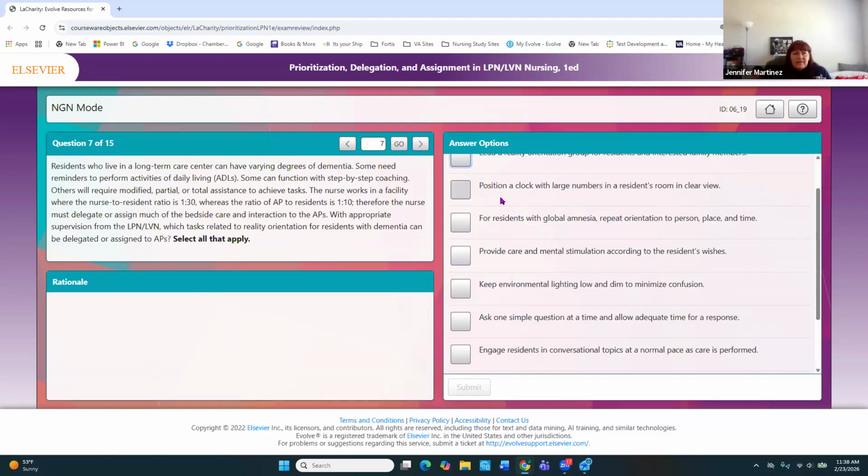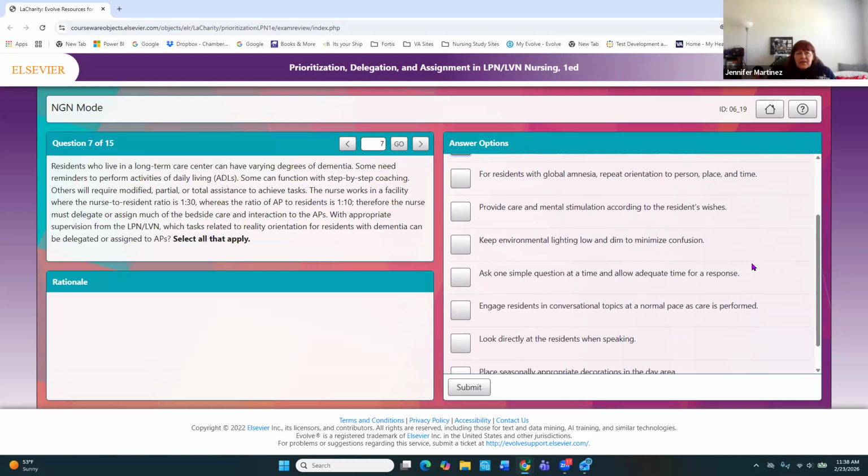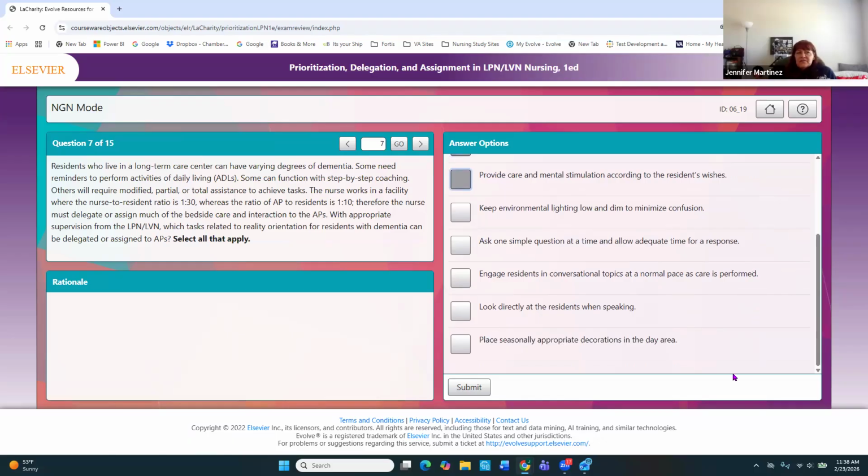Okay. For residents with global amnesia, can they repeat the orientation of person, place, and time? Okay. Can they provide care and mental stimulation according to the resident's wishes? Yes. All right. Should they keep the environmental lighting low and dim to minimize confusion?